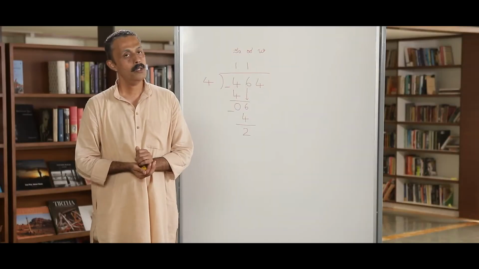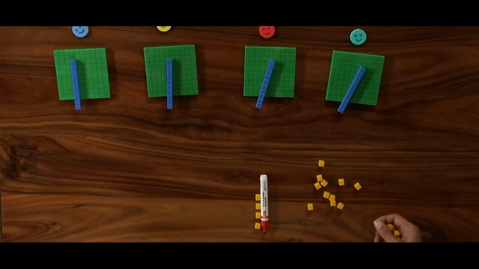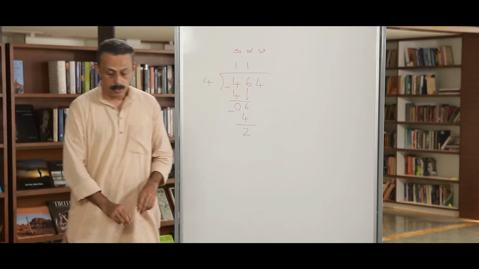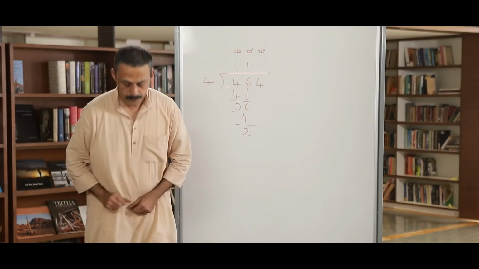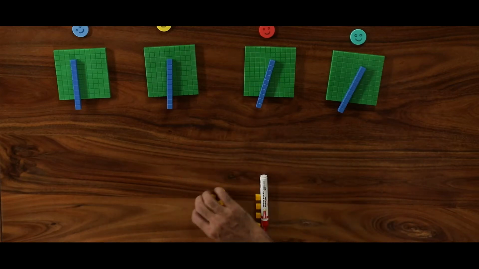How much did I give? Two tens. Therefore, I should get 10 more. 1, 2, 3, 4, 5, 6, 7, 8, 9, 10. So now I have 20 units. This is what I got when I gave them two tens.